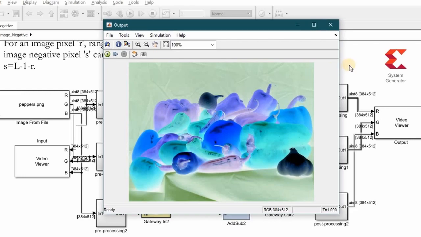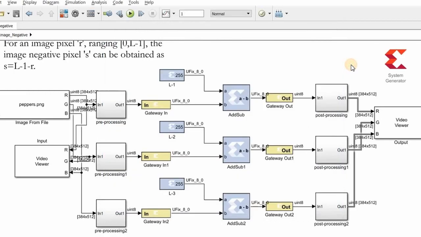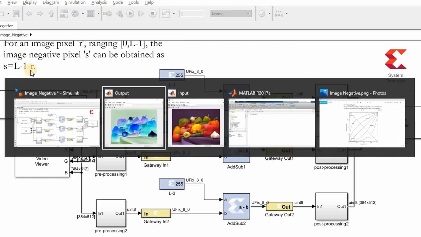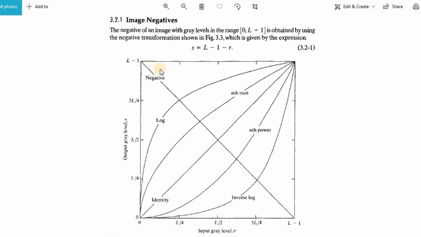And now we have another kind of implementation, not just using this 255 minus R, that is the constant block and the addition subtraction block. As here S equal to L minus 1 minus R, and as here it is an 8-bit image, S equal to 255 minus R. As from the image, this is the negative transformation, right?